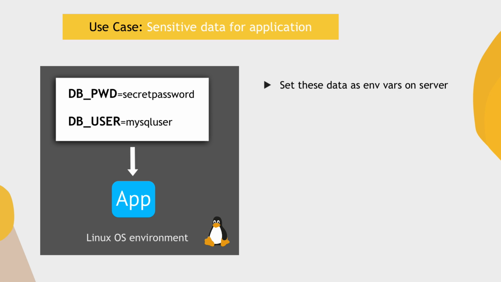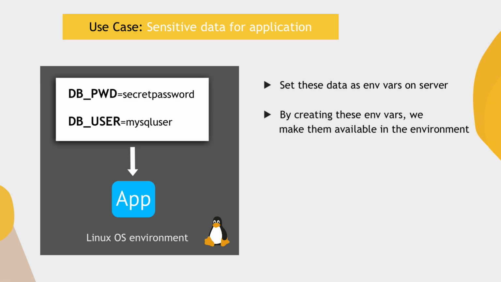So we set these environment variables, and by creating these environment variables in Linux on a server, for example, we make them available in our environment or in our user's environment. And this means they become accessible for all the applications and processes that we run in that environment.